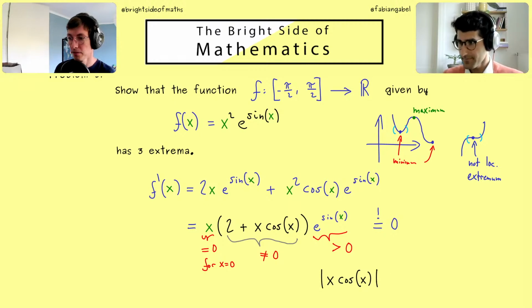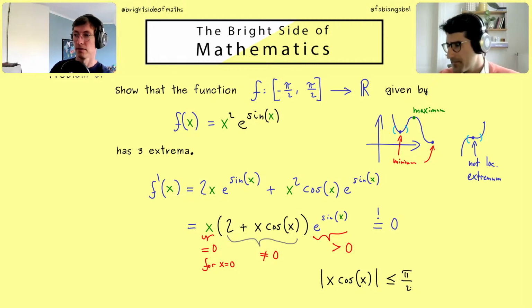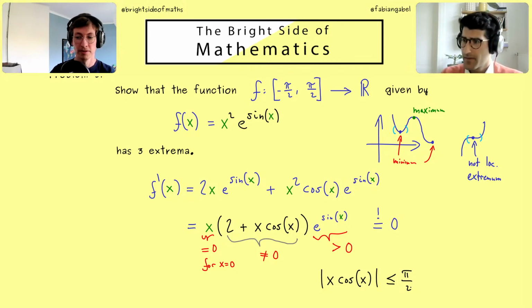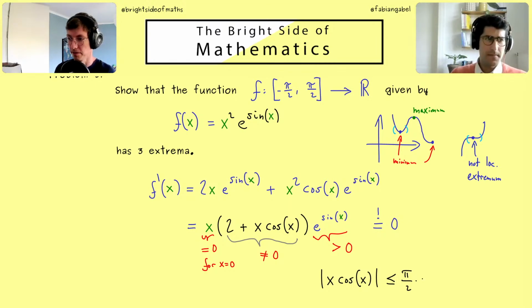The absolute value of this second part in this sum, we can say is less or equal to the maximum of the x factor, which would be pi half. But the maximum of the cosine, what is the maximum of the cosine? It's 1. It's bounded by 1, so we can just omit it. Maybe I write it as times 1.